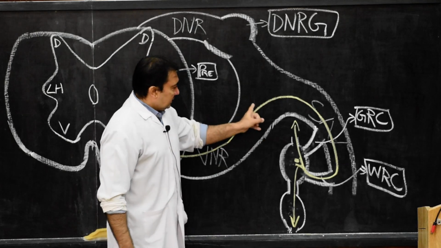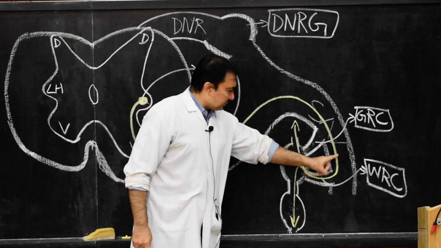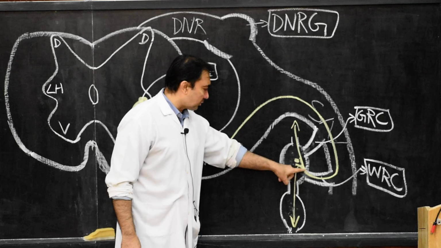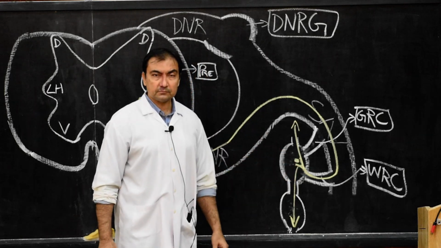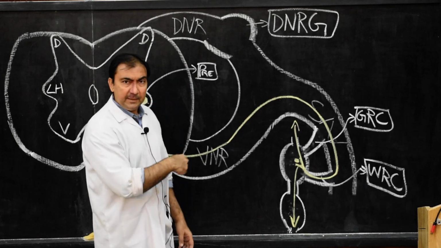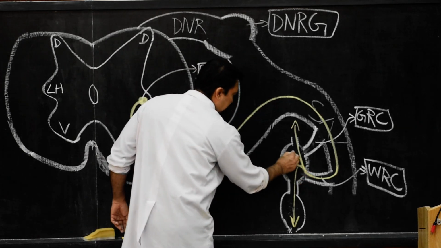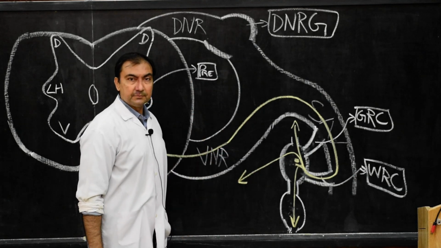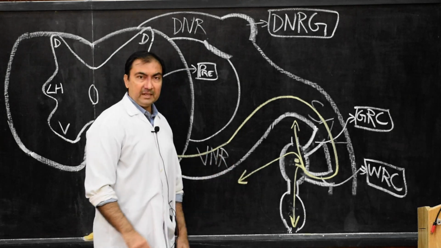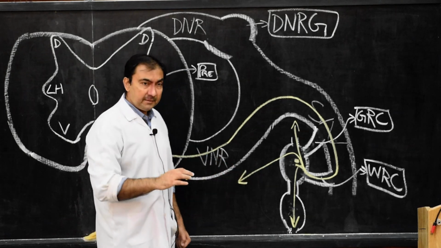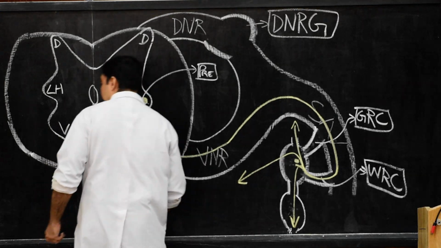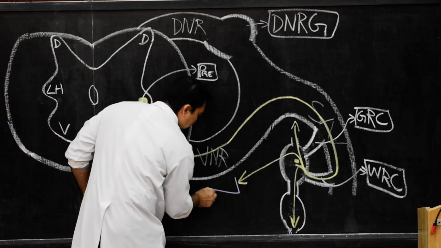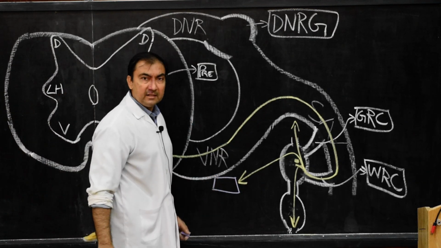Very interesting. The third one will be, sometimes these preganglionic neurons, as they are passing through the white ramus communicans into the lateral ganglia, they will directly pass from this lateral ganglia as medial branches. And these medial branches will then relay within the collateral ganglia.